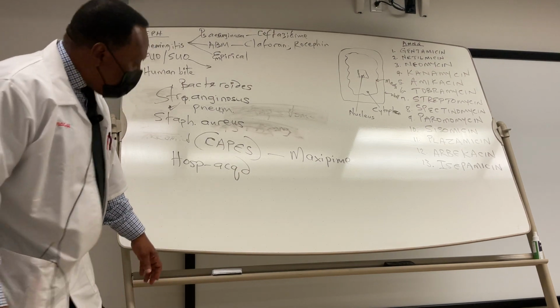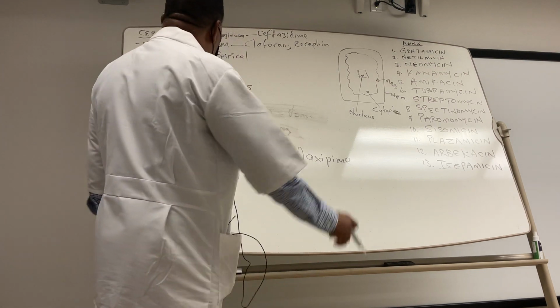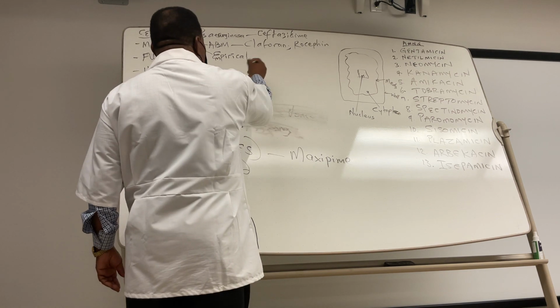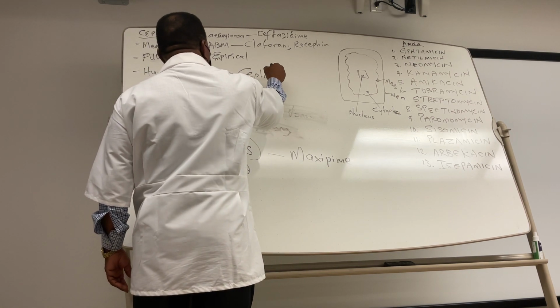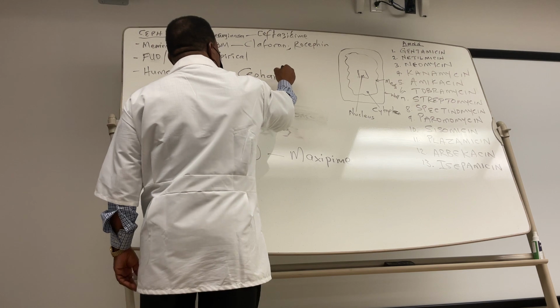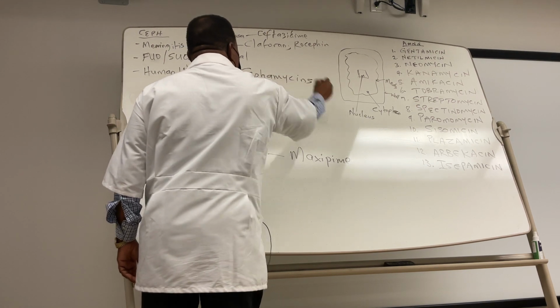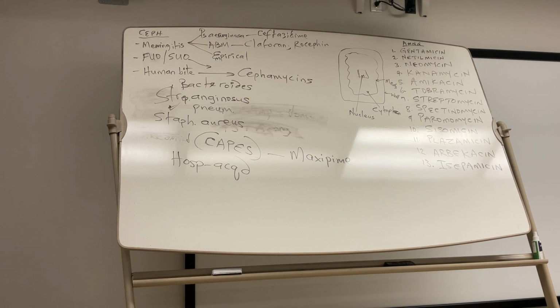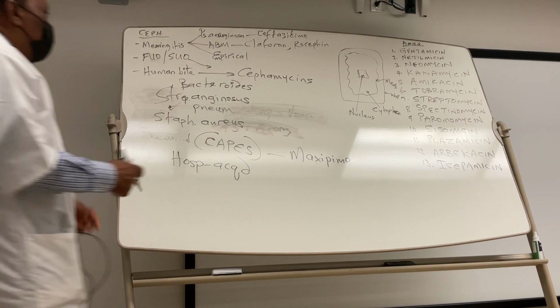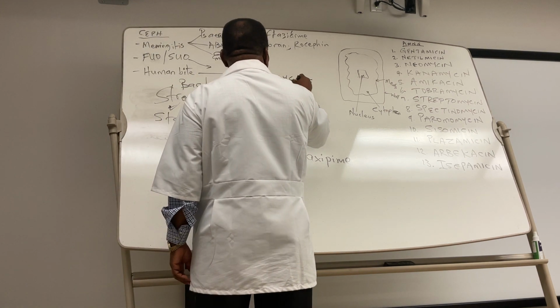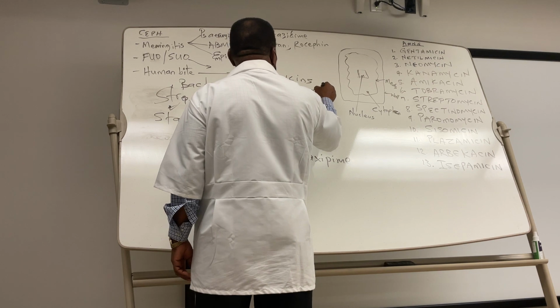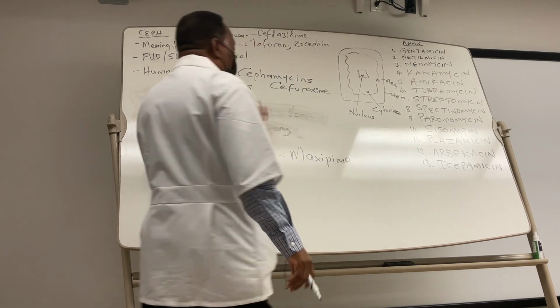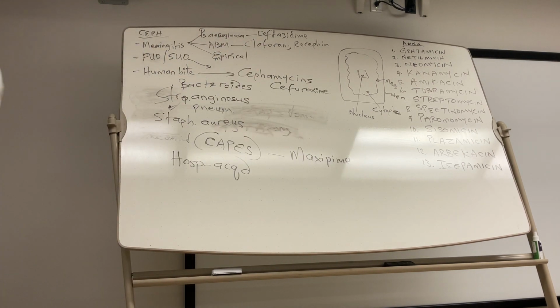So those are the ones you will usually see extracted from the human bite, and for that you will use your cephamycins. The cephamycins will be the cephalosporins of choice. Next to the cephamycins will be cefuroxime. And then, of course, you can use a G3, either Rocephin or clavulan.